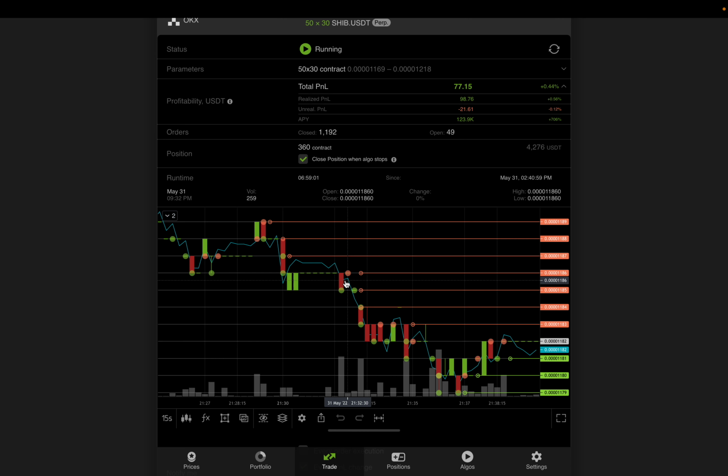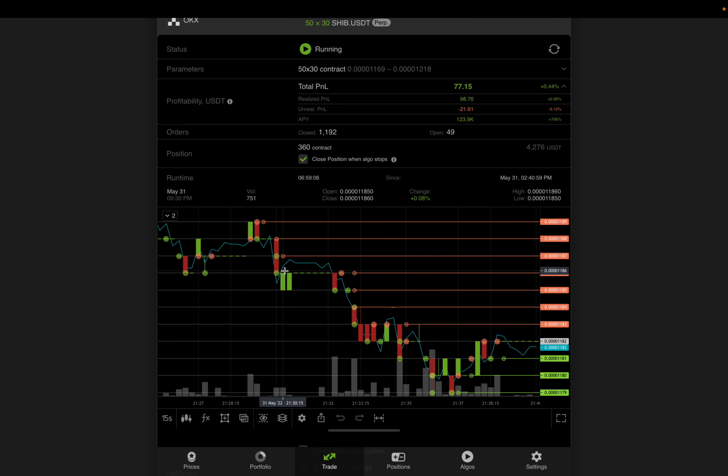What does it mean, or what should it lead to? Theoretically, it should lead to the effect that with every price change that occurs on the exchange, one of the grid orders will be executed.